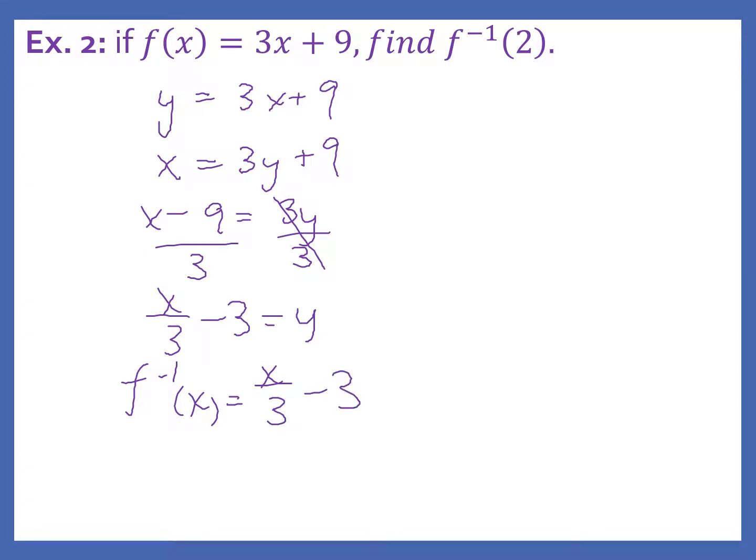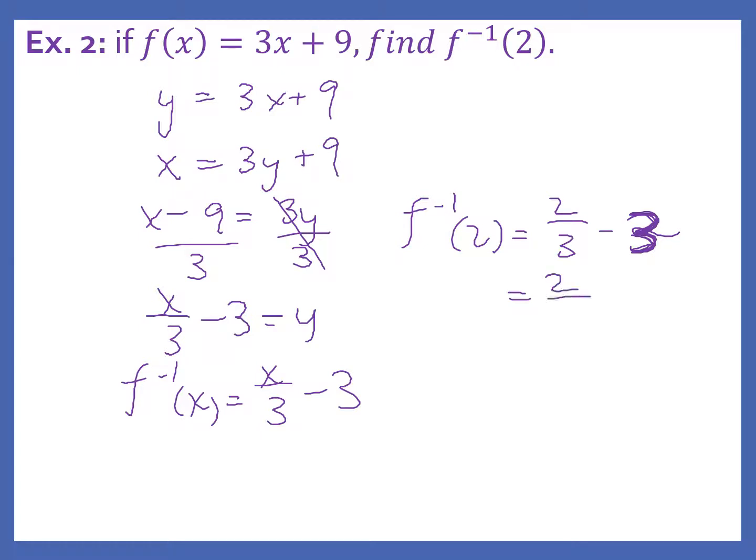And then last step, find f inverse of 2. Put 2 in for x. 2/3, oops, I should say minus 3. So 2/3 minus 3. You can enter that into your calculator, or find a common denominator.